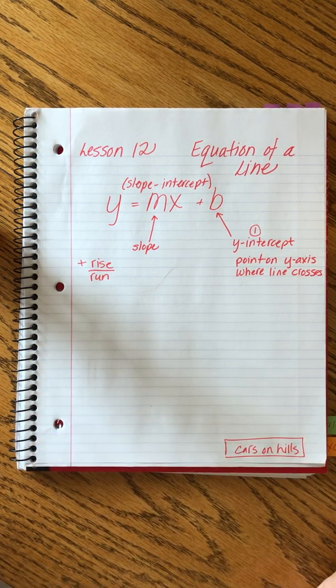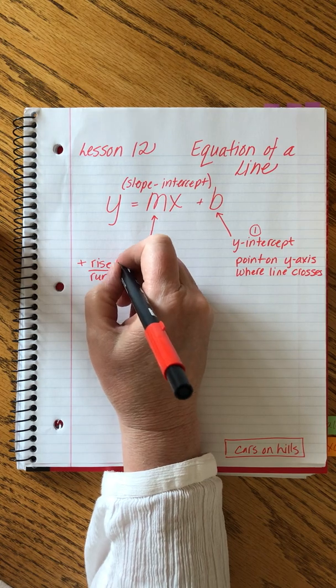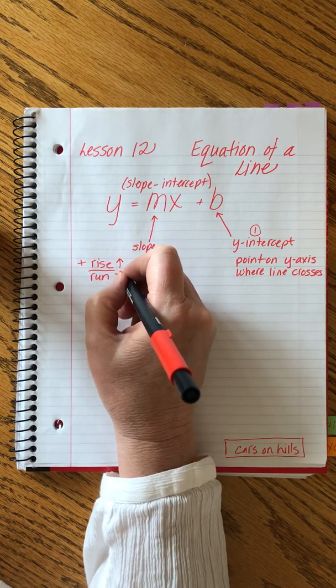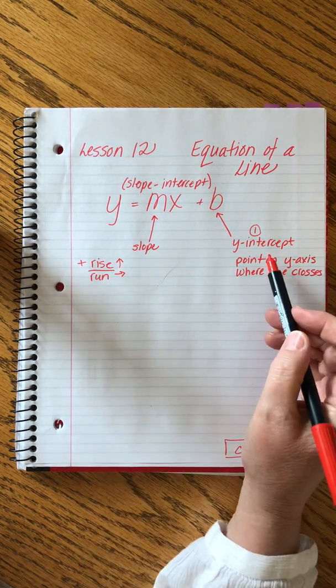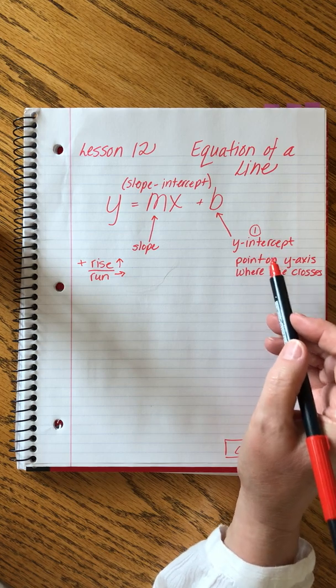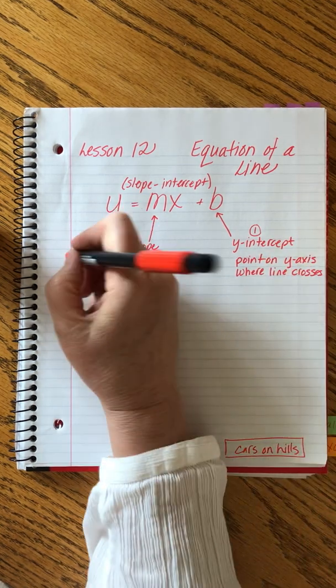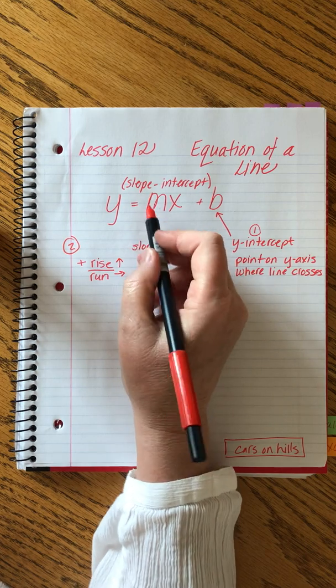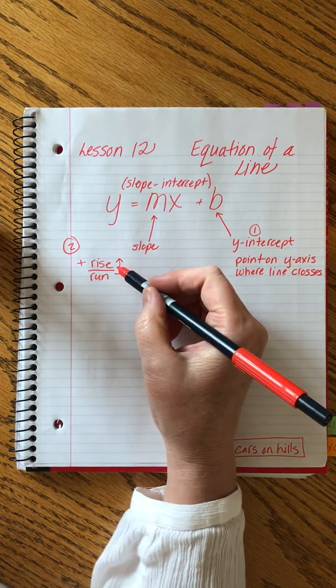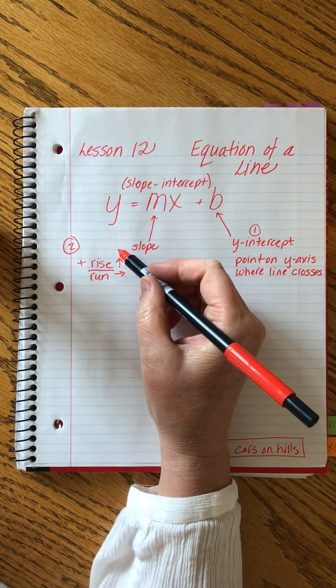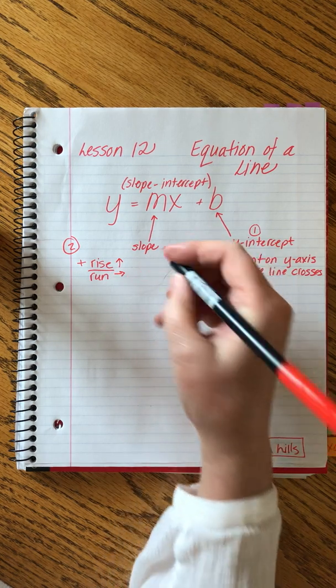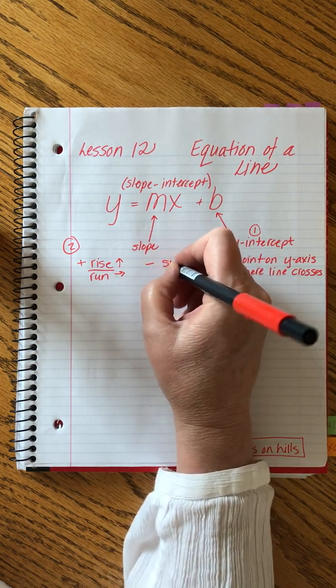Okay. Rise means going up. Run means going to the right. So once we've graphed our y-intercept, we have a point. From there, we use the slope as a treasure map to go up a number of steps and then over to the right a number of steps. Or if the slope is negative, we go down.